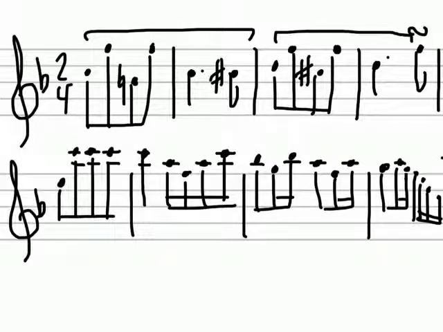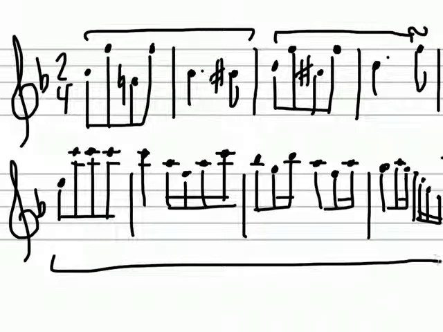And now if you're wondering about these 4 measures, it starts with the same rhythm that our motive had here, but quickly goes off in a different direction. So that's our sentence structure.